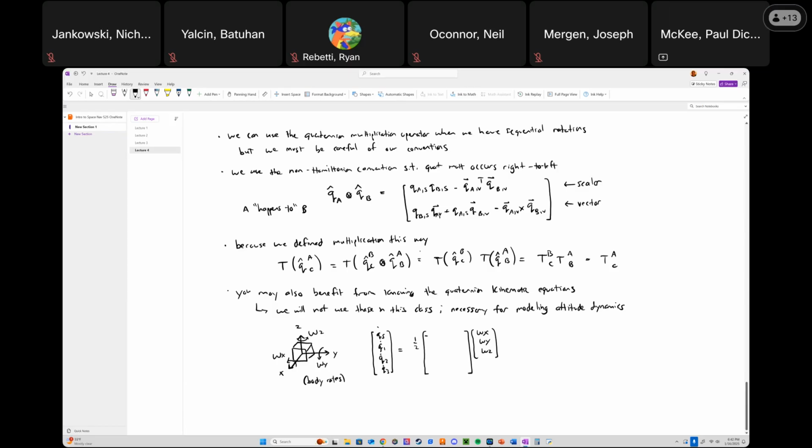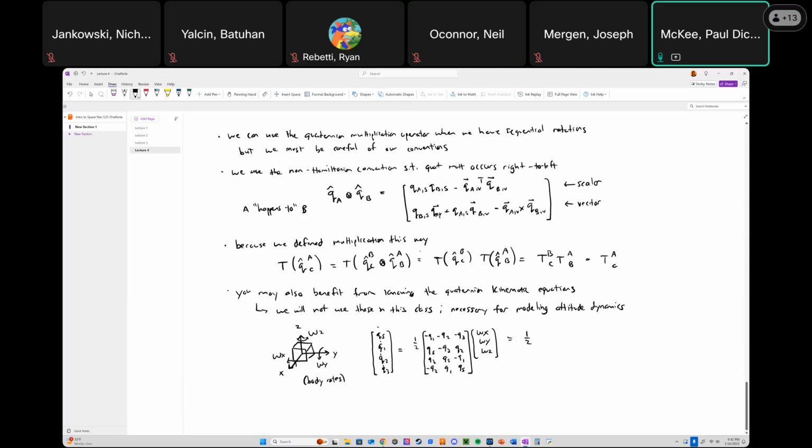It works out to be negative Q1, negative Q2, negative Q3, Q scalar along the diagonal, and then negative Q3, Q2, negative Q1, positive Q3, negative Q2, positive Q1, which if you see that structure, it actually might look a little familiar.